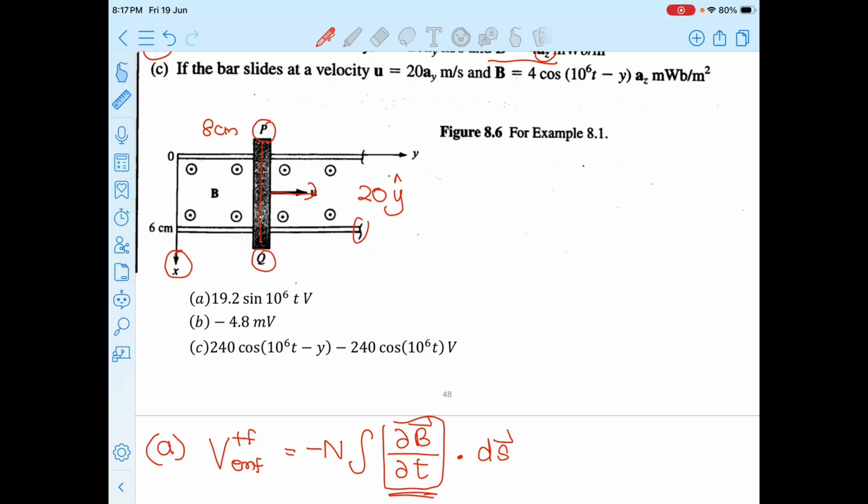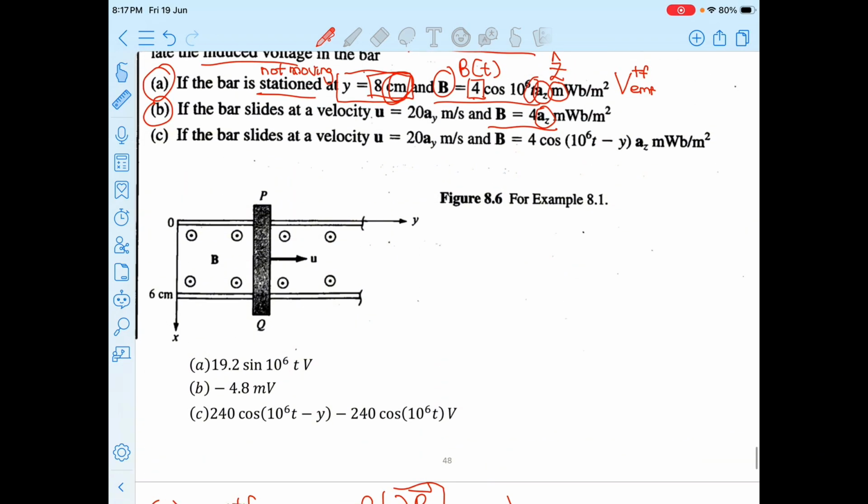Let's determine how the current moves in the loop. You have a magnetic field in the z direction. The current produced in the loop will produce another magnetic field that opposes it, which means it will be in the negative z direction. Imagine you are holding this sliding bar and your forefinger is going down.